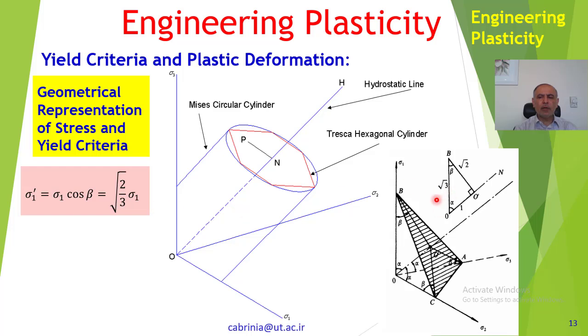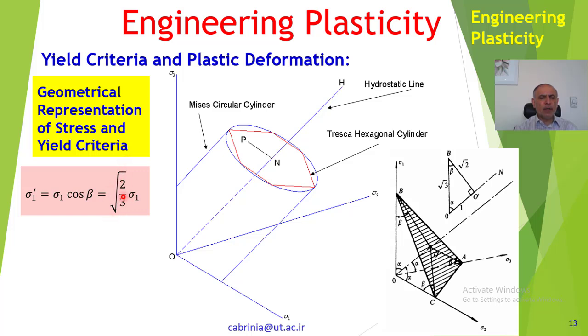And because of the proportions of this triangle, cos beta is root 2 over 3, so sigma 1 prime is root 2 over 3 times sigma 1. So if you have a component of stress reaching the yield surface, then OP, for instance, would be the general state of stress, and the deviatoric would be root 2 over 3 times sigma 1.